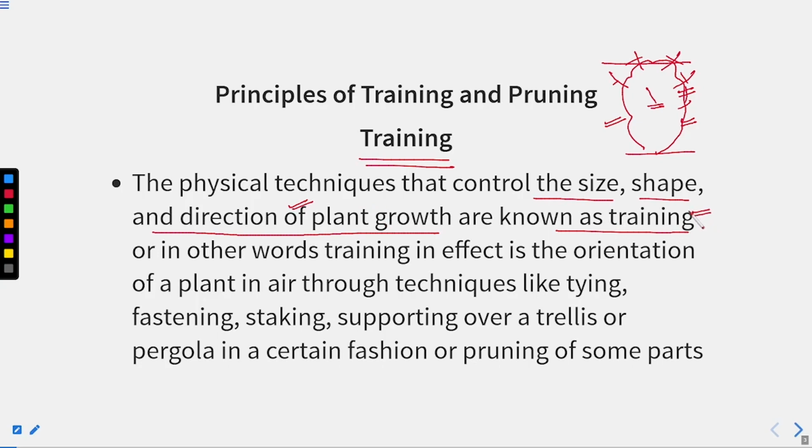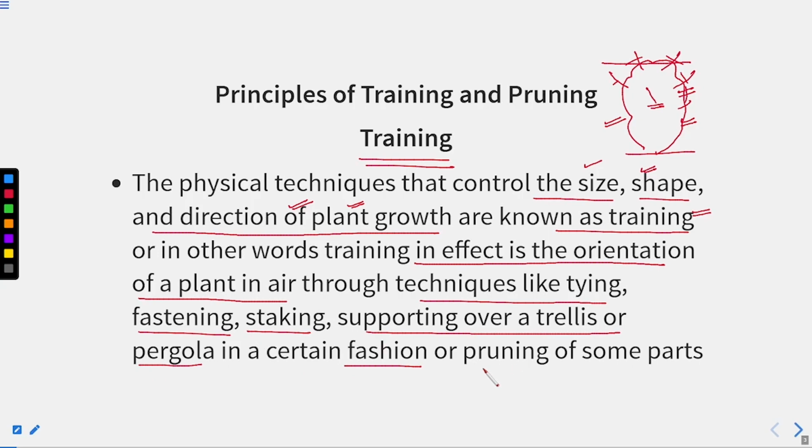This is a physical technique where we cut the branches so that the size, the shape, and the direction of plant growth can be controlled. In other words, training in effect is the orientation of a plant in air through techniques like tying, fastening, staking, supporting over a trellis or pergola in a certain fashion, or pruning of some parts.